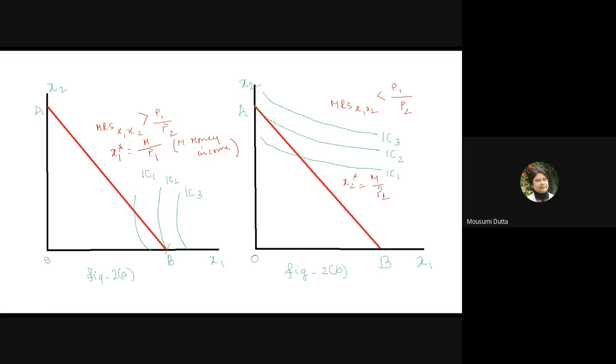What I am telling is that, basically at B, the IC and the budget line are cutting each other, intersecting each other. We call it a point of contact. However, it is not at all a point of tangency. Okay, got it now? Yes, ma'am. Thank you, ma'am.